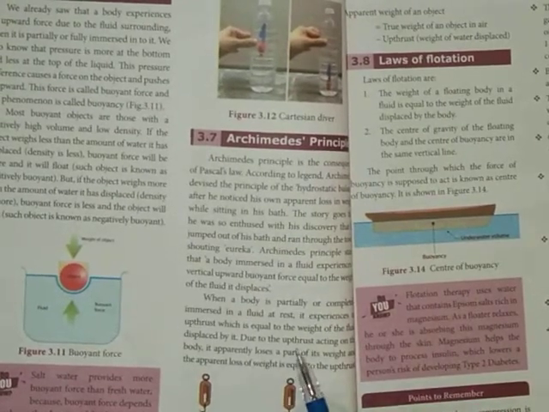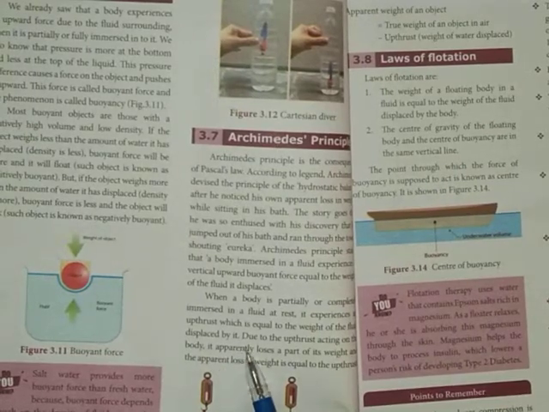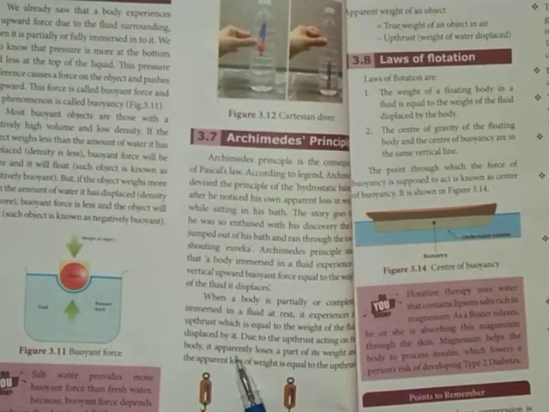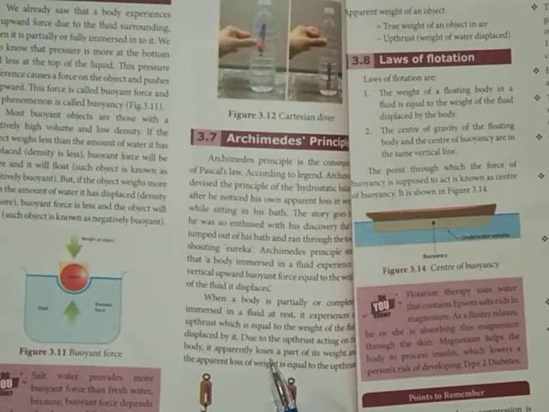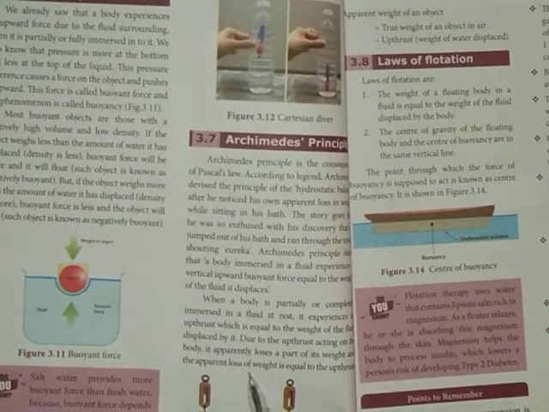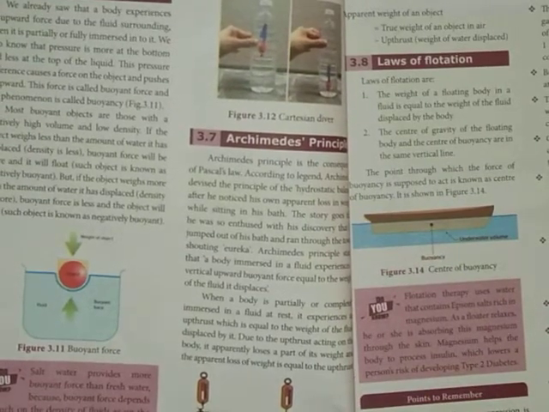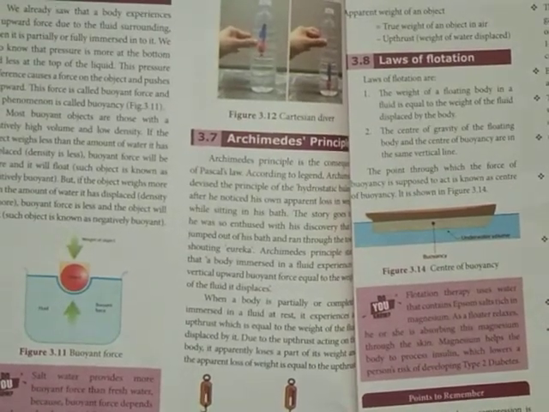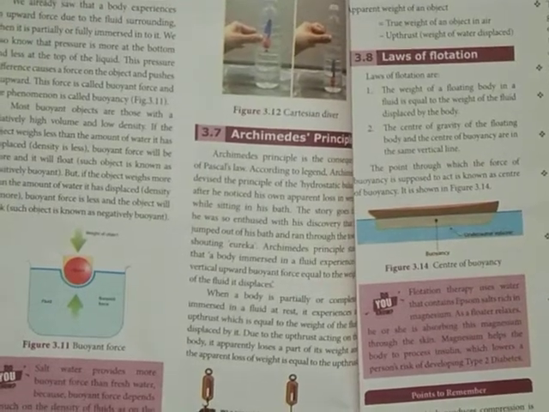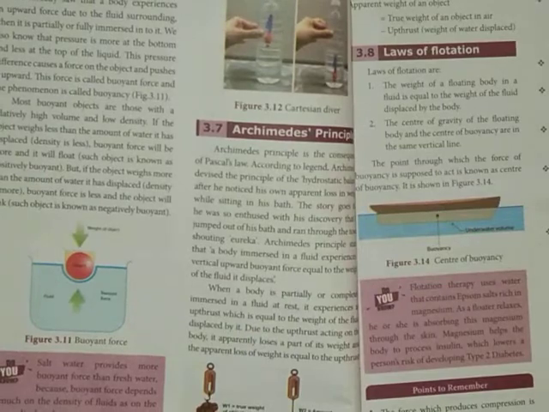Due to the upthrust acting on the body, it apparently loses a part of its weight, and the apparent loss of weight is equal to the upthrust. Figure 3.13. Upthrust is equal to the weight of the fluid displaced.